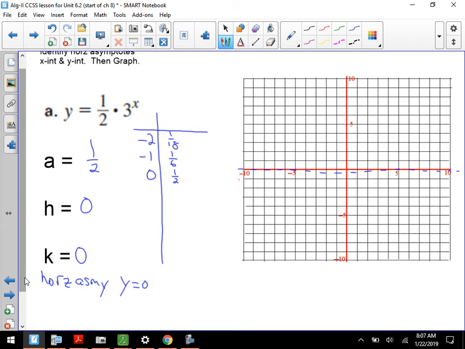But your parent function, your a value, gives you your intercept. Okay. When I go 3 to the first power, what's 3 to the first power? 3. So then I would get 3/2. You okay with that? And if I do that again with 2, I get 9, which is 9/2. You okay with that? All right.